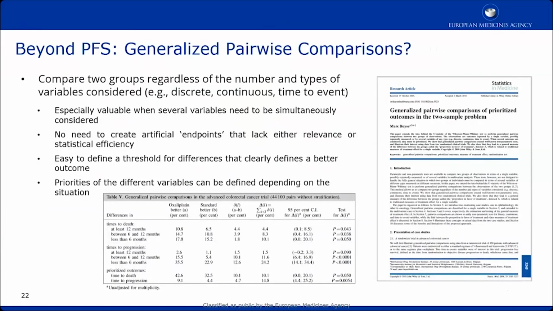Another radically different approach, and much better established in the literature, is called generalized pairwise comparison. This tries to tackle the problem that I was describing before with progression-free survival, where you lump together events which are quite different, like tumor growth and death.